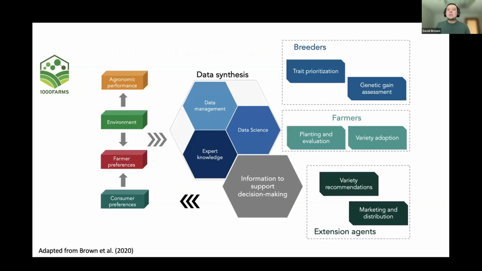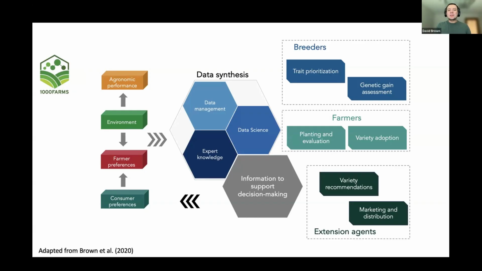In 2020, we published a literature review about data synthesis in crop variety evaluation. On the left-hand side you can see the main sources of data for data synthesis in crop variety evaluation. We have agronomic performance data, mostly coming from field trials, environmental data such as climate and soils, but also farmer preferences and consumer preferences.